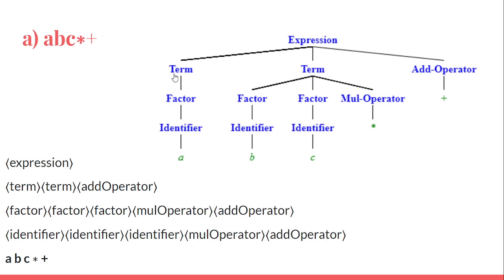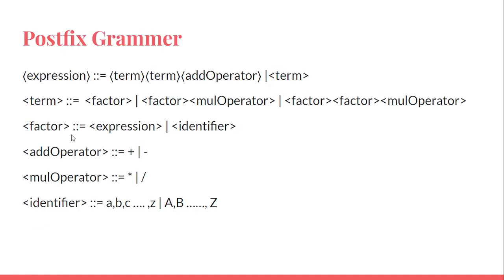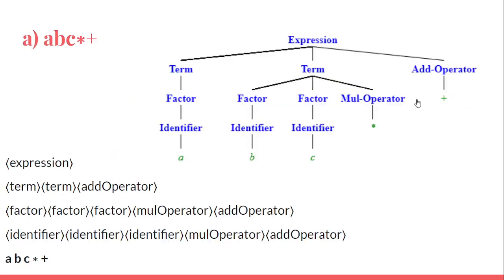Then we replace the first term with a factor, and that factor can be replaced with an identifier, and that identifier will be replaced with a as the first letter in the string. Then the second term we replace with a factor multiply operator, based on rule 2. Then these two factors will also be replaced with identifiers, as we need B and C also.